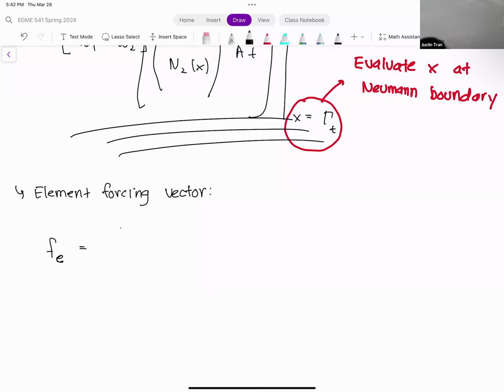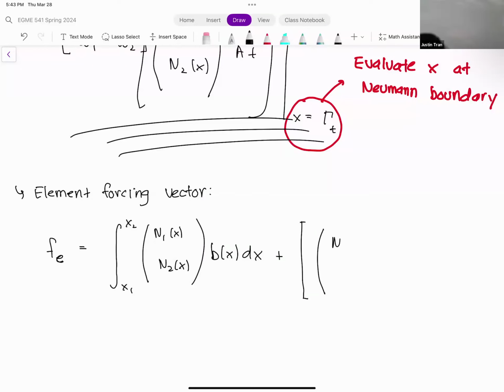It's going to be the integral from x1 to x2 of n1 of x and n2 of x multiplied by b of x dx, plus n1 and n2 of x times A times t bar, but only evaluated at the Neumann boundary condition.